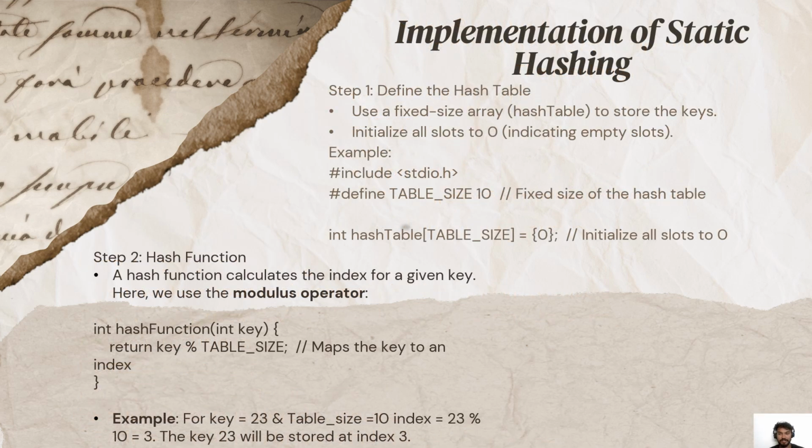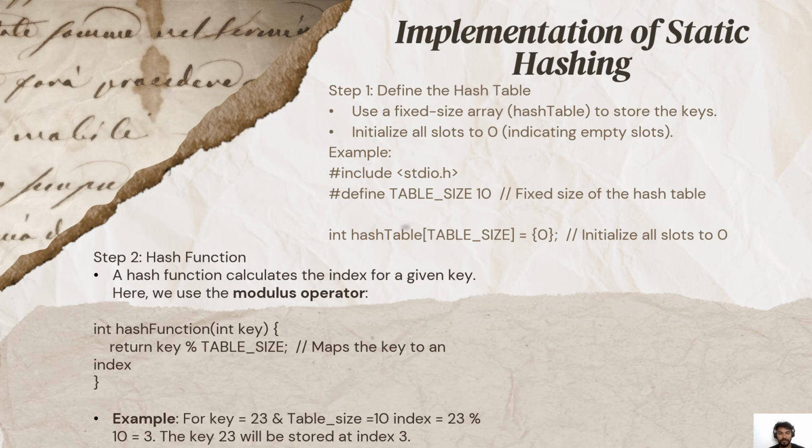Implementation of static hashing. Step 1, define the hash table. Use a fixed-size array as the hash table to store the data or keys. Initialize all the slots to 0, indicating empty slots.